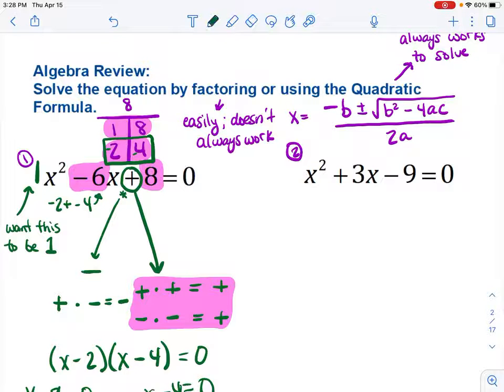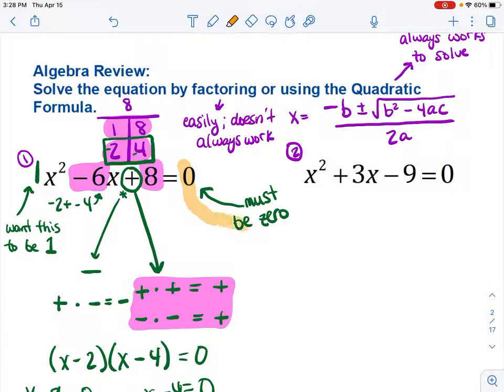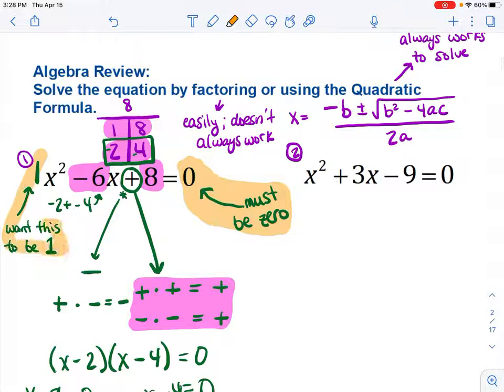Another thing I want to point out is that this must be 0. Whether you are going to factor or use the quadratic, this must happen, okay? If it is not 0, you have to make it 0. So those are things to look for right now.